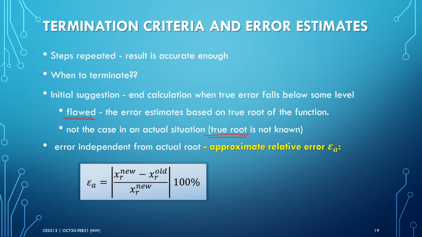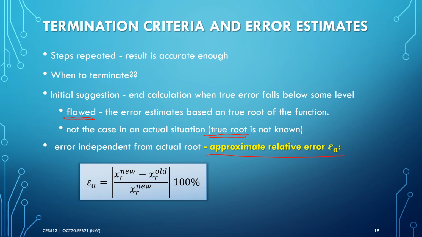So usually we don't know what the true root is. That's why we need an estimated error that is not dependent on the actual root of the function, which we don't exactly know, and one is called the approximate percent relative error.